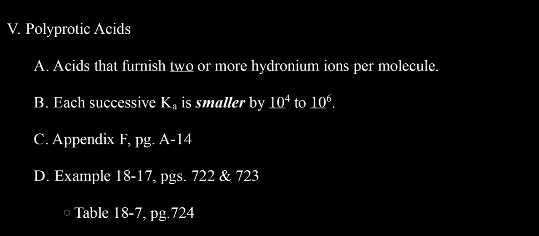Something that is really important is that you have successive ionizations. For example, H2SO3 will ionize to produce HSO3 minus and H plus in solution. That HSO3 minus can also ionize to make more H plus and SO3 2 minus ions.